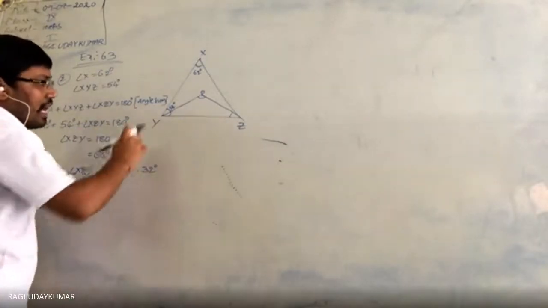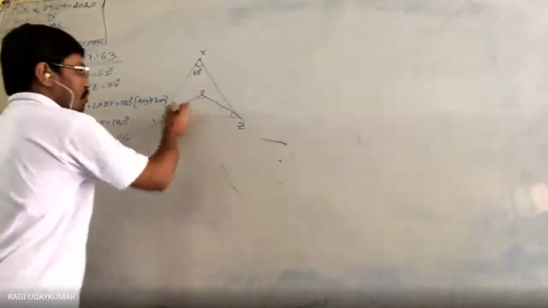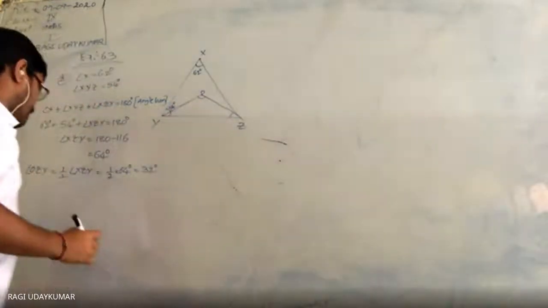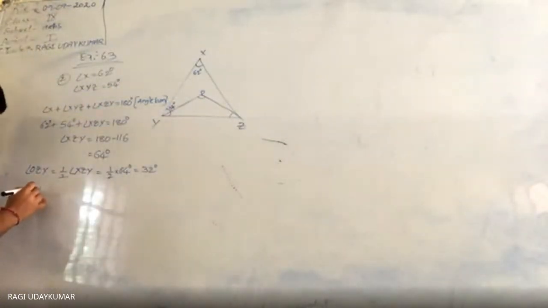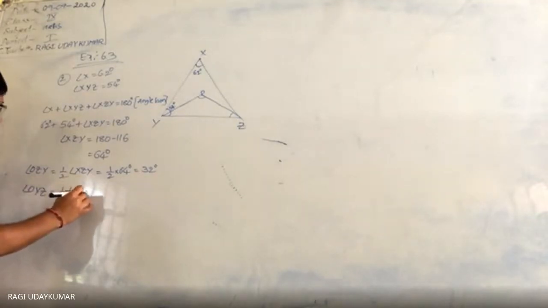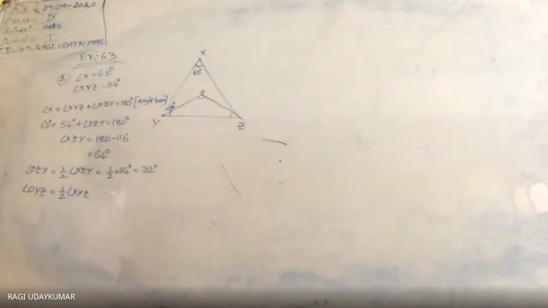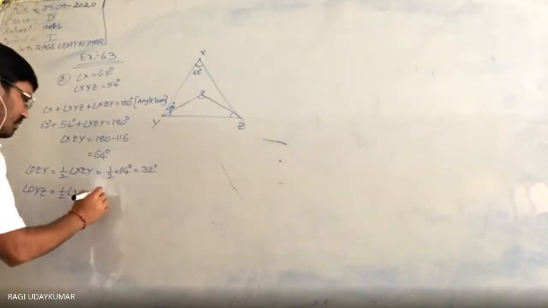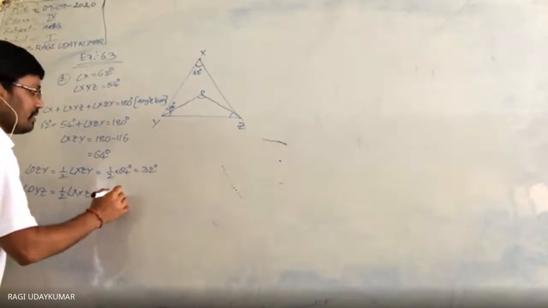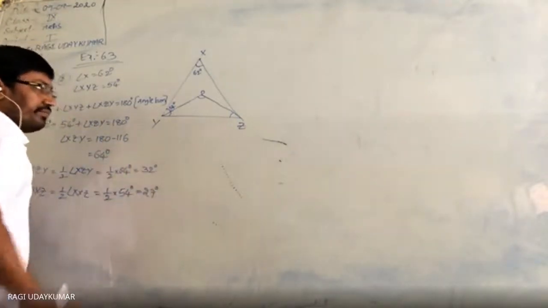Okay, now angle YOZ is asked, but YOZ you cannot find directly. You need OYZ also. Angle OYZ is equal to half of angle XYZ, because it is a bisector. So it is half of 54 degrees, which is 27.